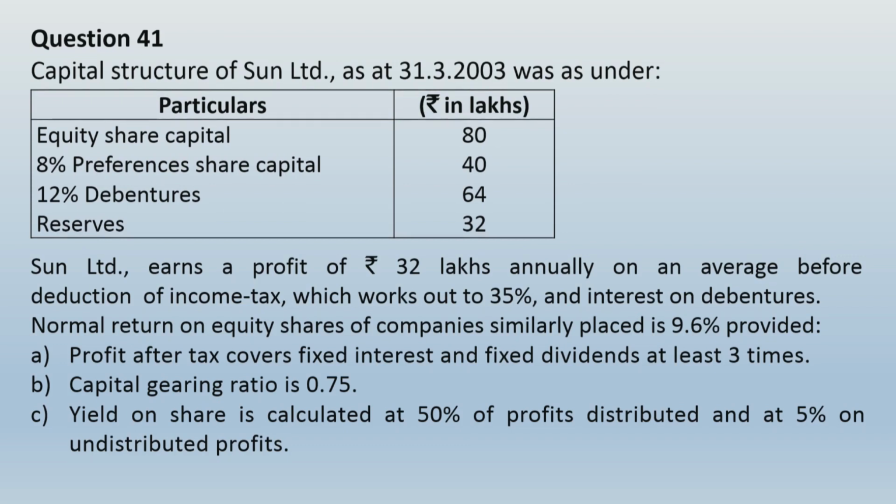Normal return on equity shares of companies similarly placed is 9.6%, provided profit after tax covers fixed interest and fixed dividend at least 3 times. Capital gearing ratio is 0.75. Yield on share is calculated at 50% of profits distributed and 5% on undistributed profits.